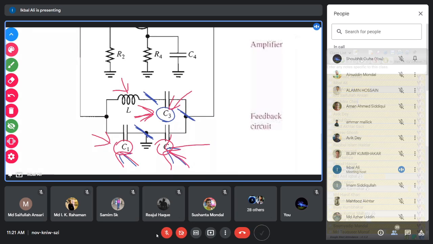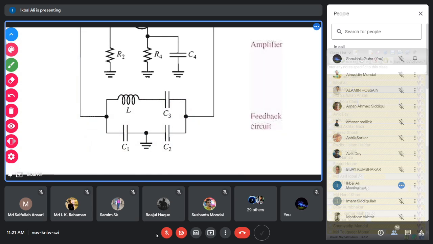Only L and C3 should be there, then this problem will be eliminated. If the expression contains C1 and C2, it will always be affected by the junction capacitance of the transistor. So for this reason, you have to make C3 very much smaller than C1 and C2.